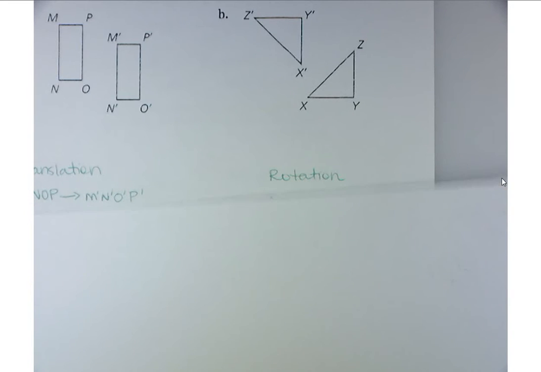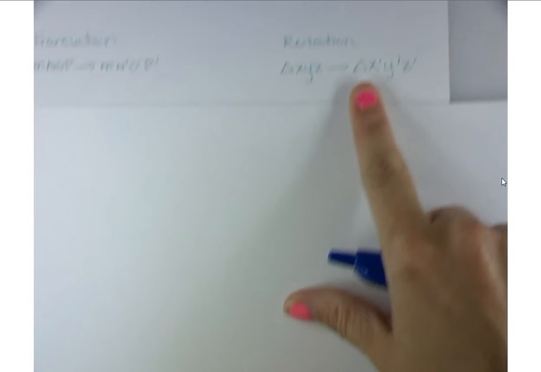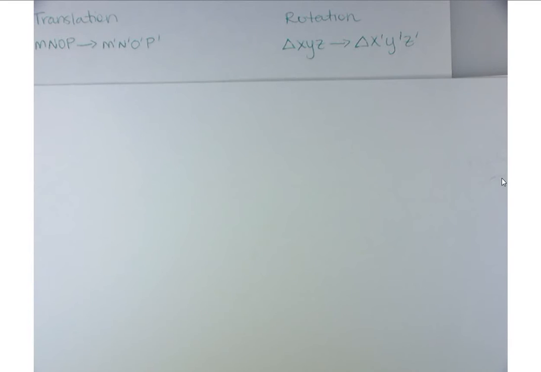I wrote X, Y, and Z, and then an arrow pointing to X prime, Y prime, and Z prime. Okay, good. And then just if you guys did not put your triangles in there, go ahead and put them in there. So because this one does have a symbol, you are going to put the triangle. Okay, so the triangle to the right. Okay, questions for me on that one?